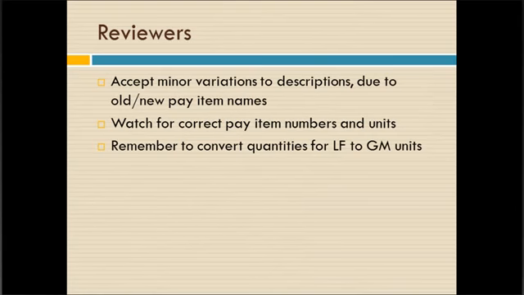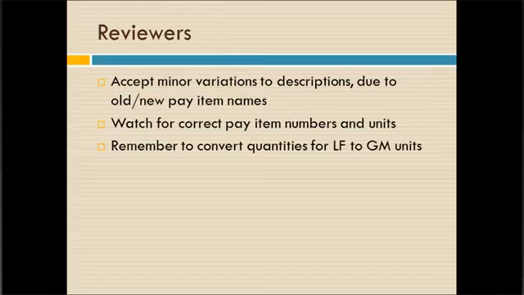A few notes that we wanted to go through for the reviewers. Obviously, there are a lot of pay item changes going through here, and some of the new names may have added words, like where the word for messages, we put in messages or symbols. Please do not force a revision for changes such as that.